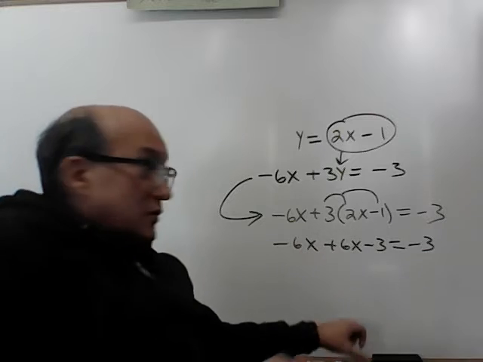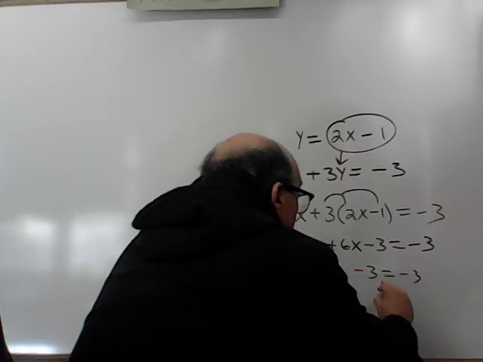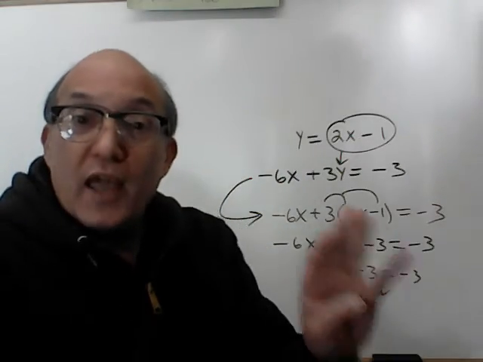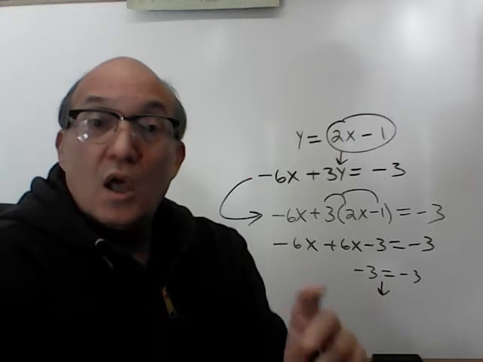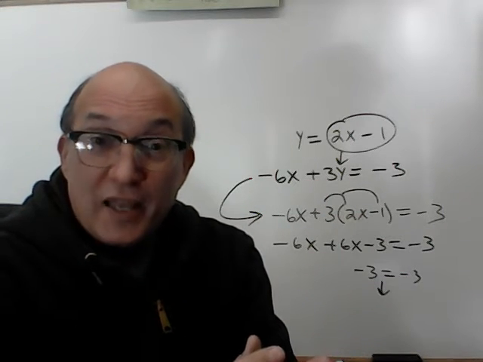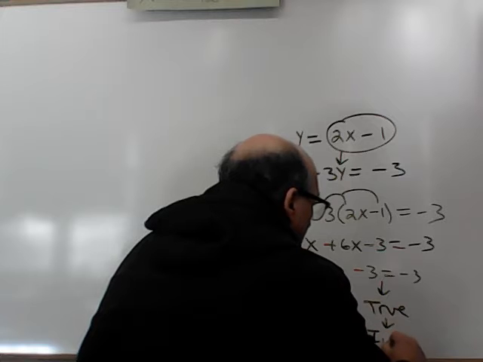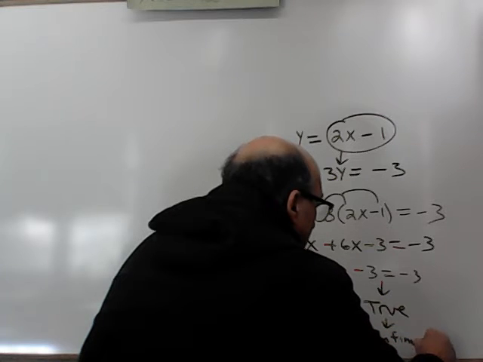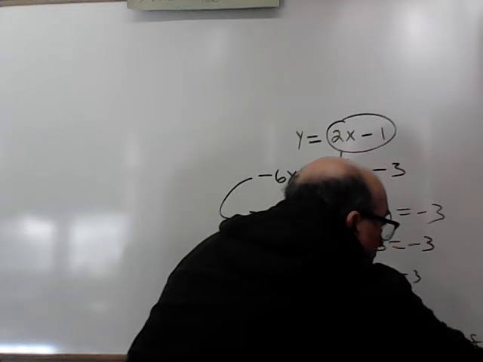These two terms add to 0. We get negative 3 equals negative 3. Now we can't stop there. We have to demonstrate that we understand the implication. When all the x's go away and we get a true statement, we have to conclude that there are an infinite number of solutions.